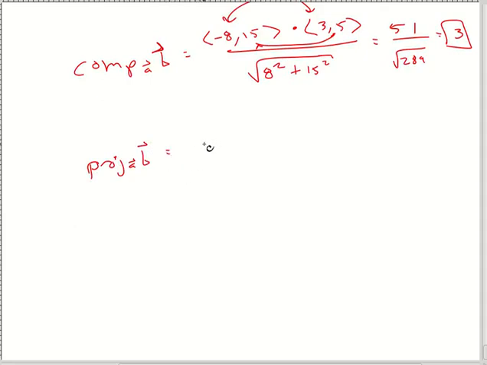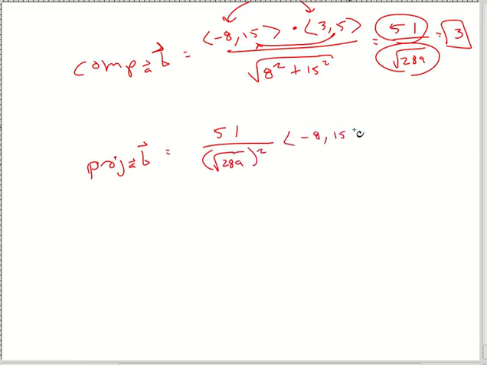So I got that dot product again, and I already know what that dot product's going to be, 51. So don't need to waste time on that. And then it's the magnitude of A squared, so I'm going to take this guy, I'm just reusing here, and I'm going to square it, and then I need to multiply by the vector A itself. Well, you know that the square and square root are going to cancel, leaving just a plain old 289 right there.